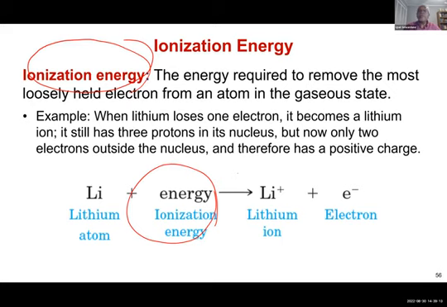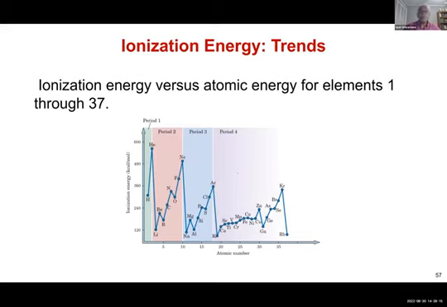So the periodic trend is shown here. Going across the period, hydrogen to helium, going like that, ionization energy increases. The next period is here. This is an increase. This is the transition metals.